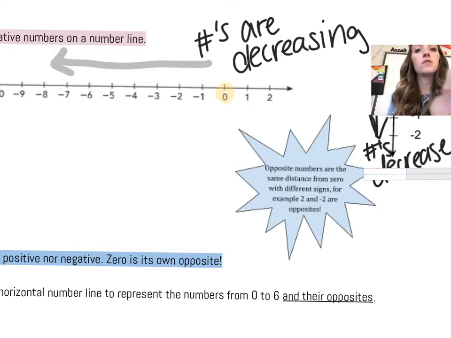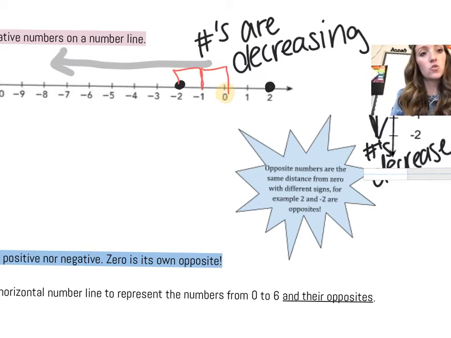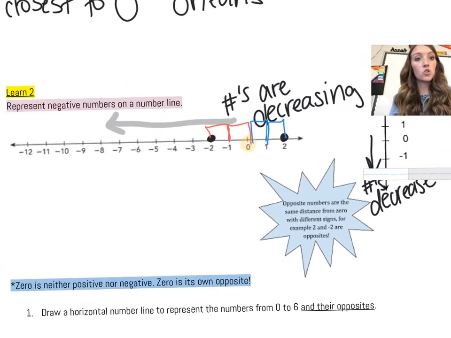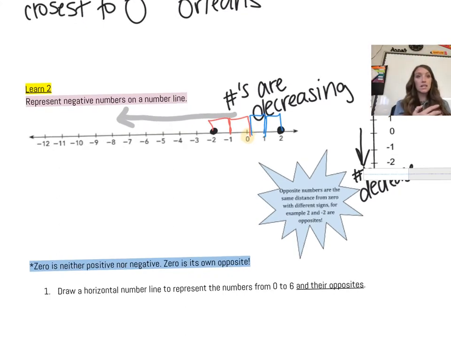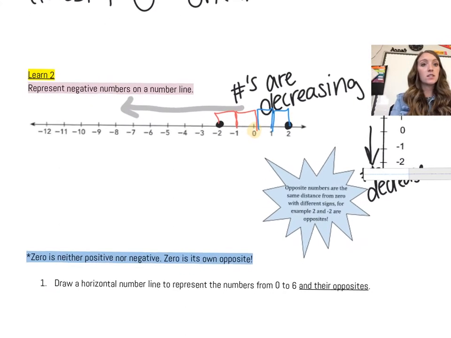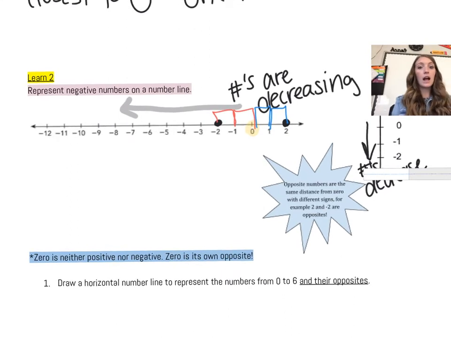So our example of +2 and -2, I have +2 there, -2 here, I can see that my distance, 1, 2, 1, 2, is the same. Even though they're opposites, they don't have the same sign, one is positive and one is negative, they still have the same distance from 0. So they are opposites.